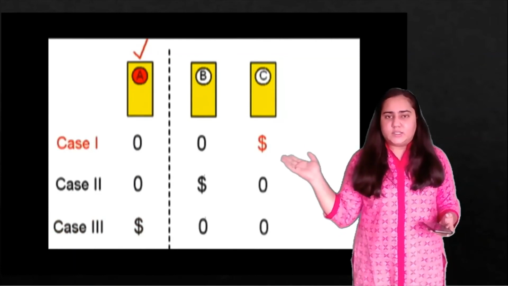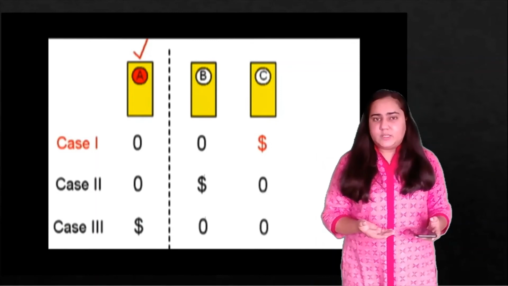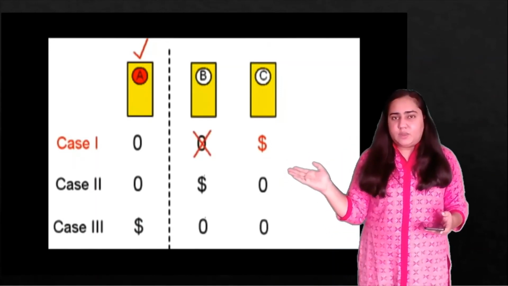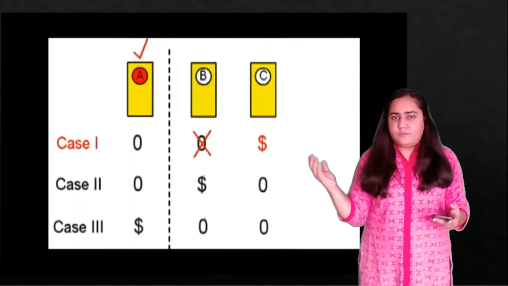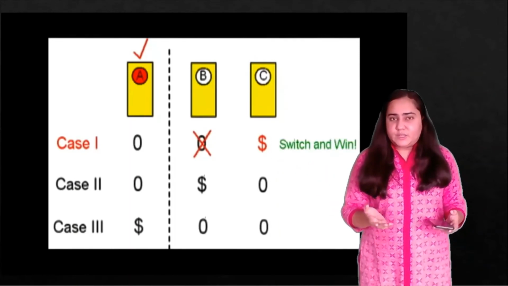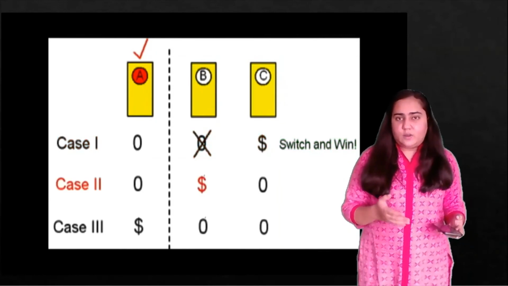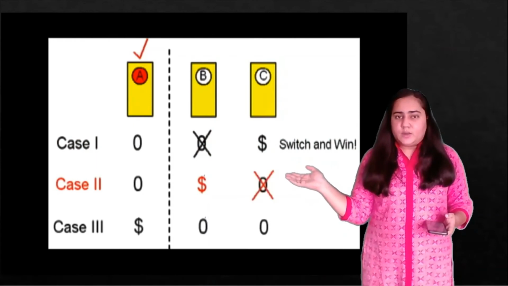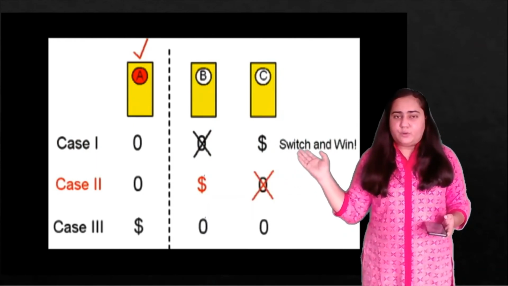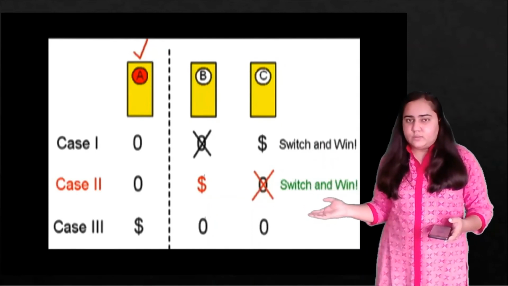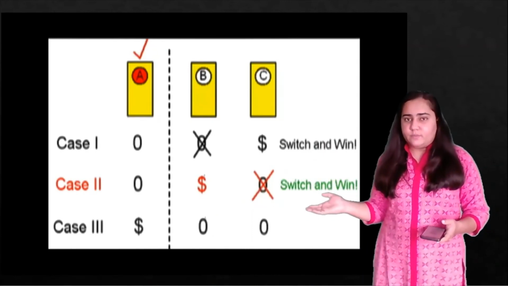So let's discuss case 1. What happens in case 1? You picked A, but the prize is in C. Now imagine that the host obviously opened door B because there's no prize. Now, is it better to switch or to stay at A? Obviously, switch. Case 2. Now suppose you picked door A, but the prize is at B. The host will definitely open door C. Should you switch or stick to A?